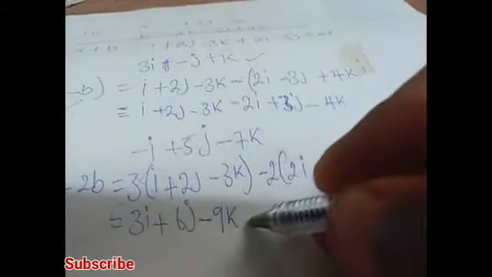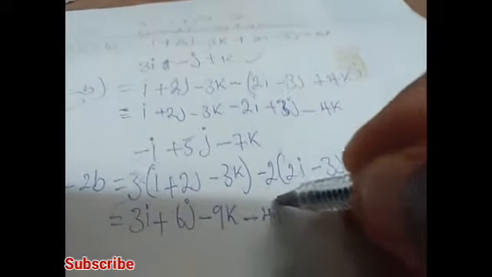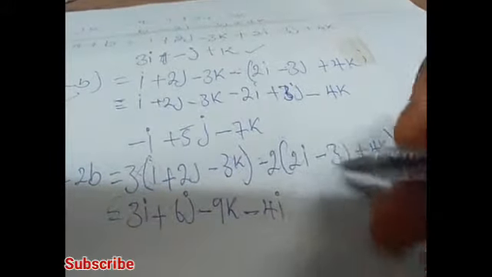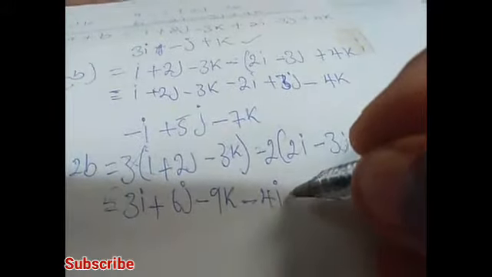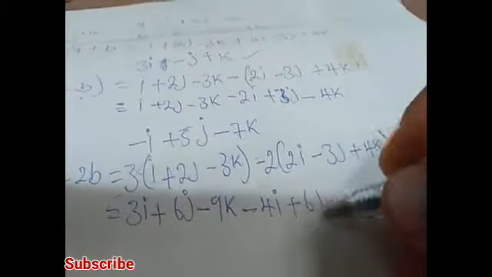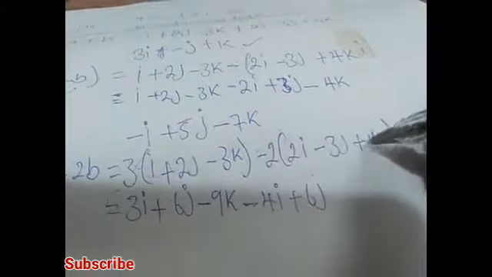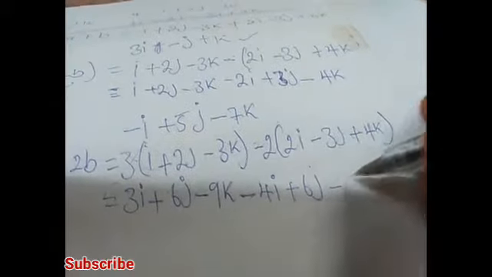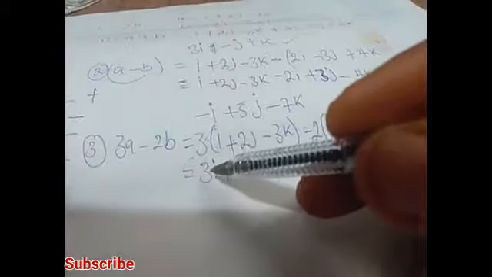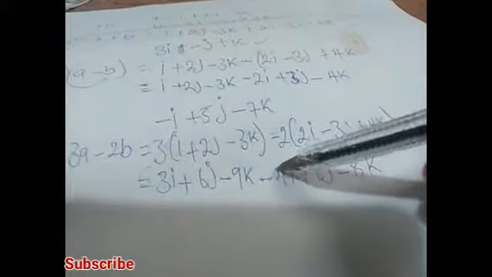Minus 2 times 2 is going to be minus 4I. Minus 2 times minus 3 is going to be plus 6J. Minus 2 times plus 4 is going to be minus 8K. So you have 3. Let's use that same analogy. I'm beginning to have fun with it. So we have 3, we're minusing 4.